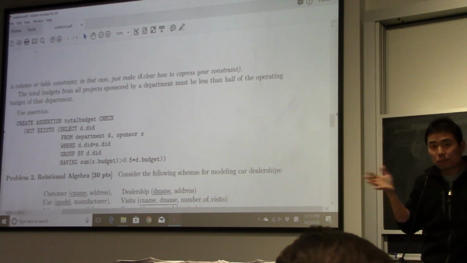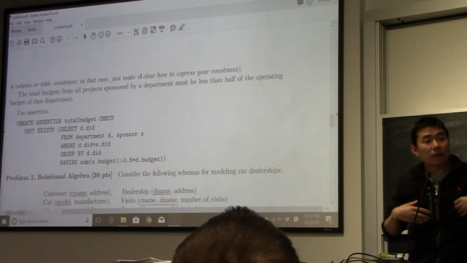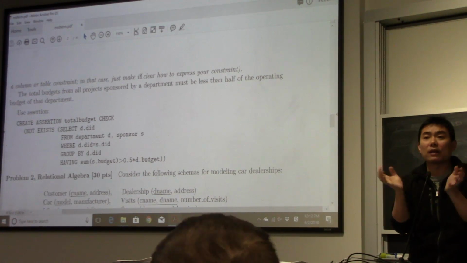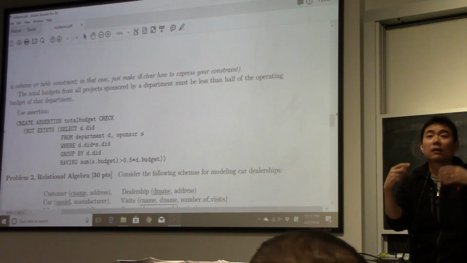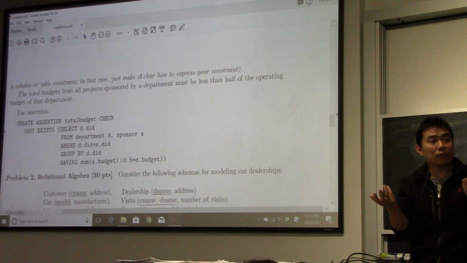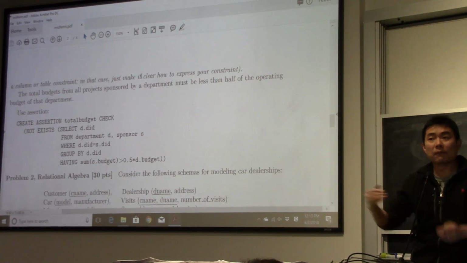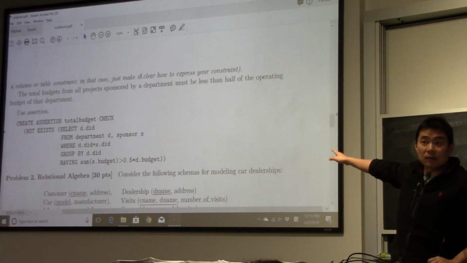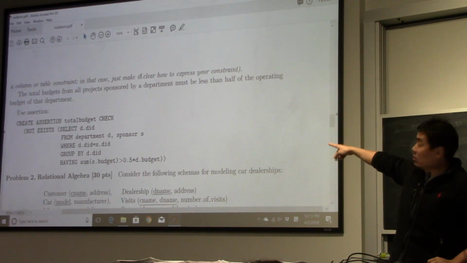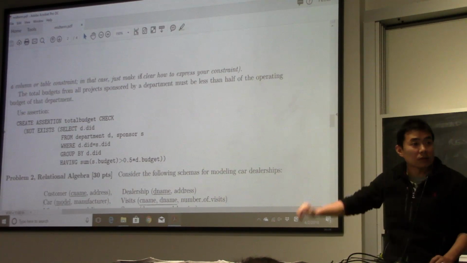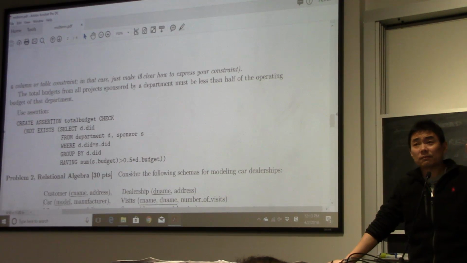Meaning that all the projects sponsored by that department, all the money I give out, I group them together, calculate the sum of the budget I give to them. If the total sum is greater than half of my department budget, that's not okay. Meaning that such a department should not exist. That's why you use not exists to check this. Any question on this?